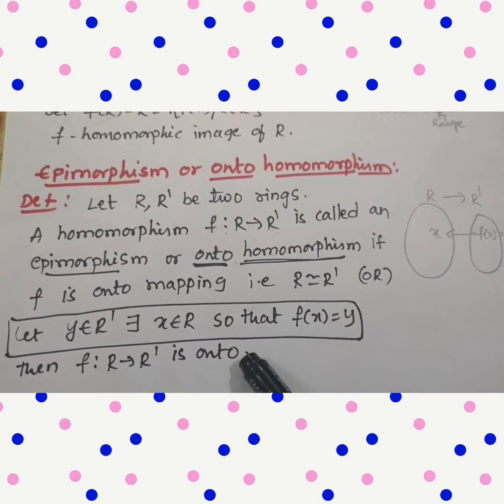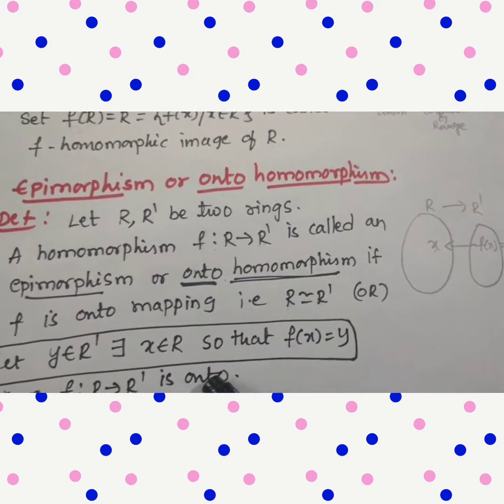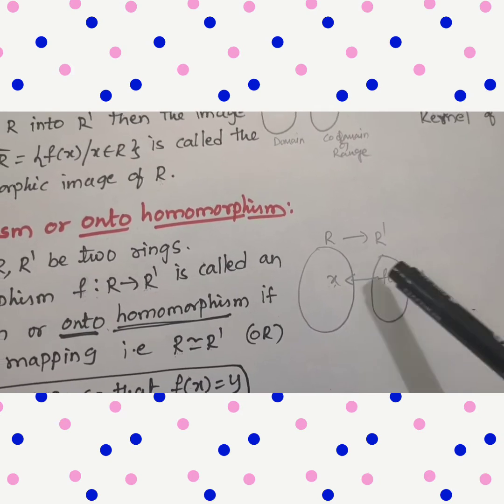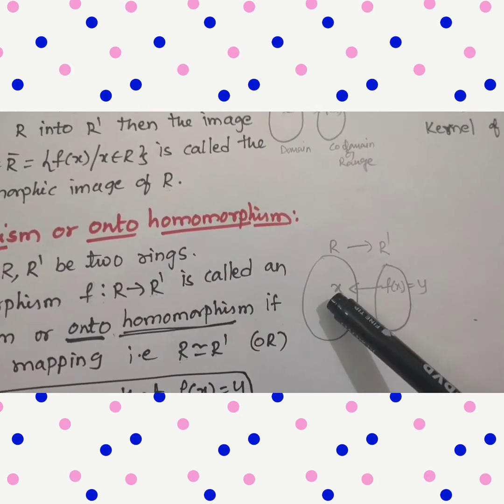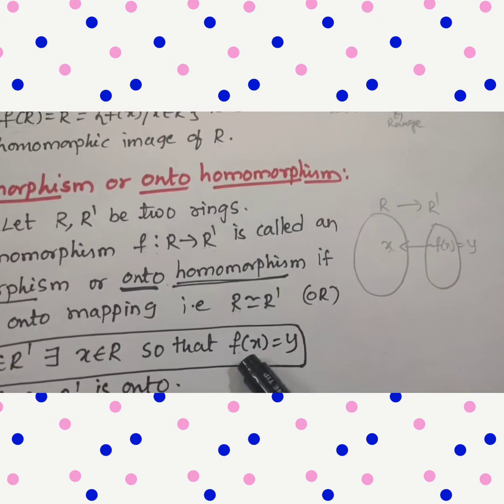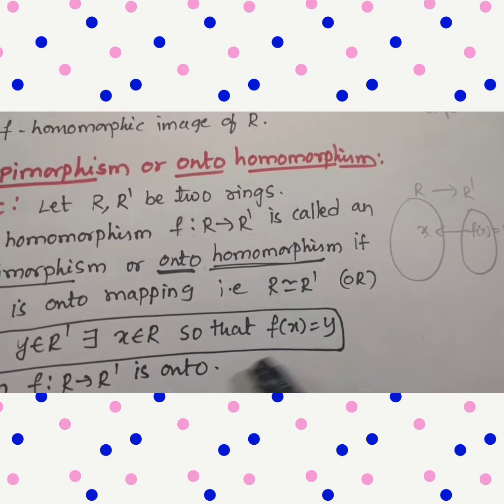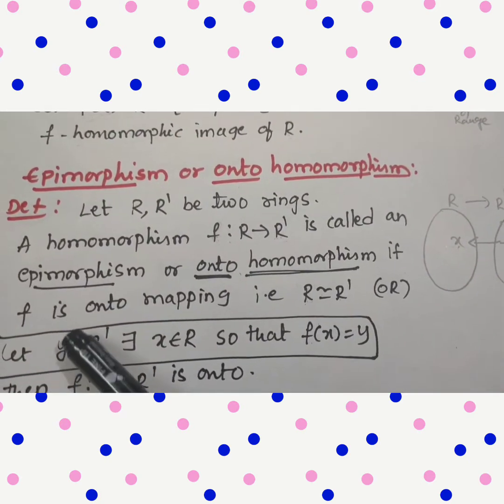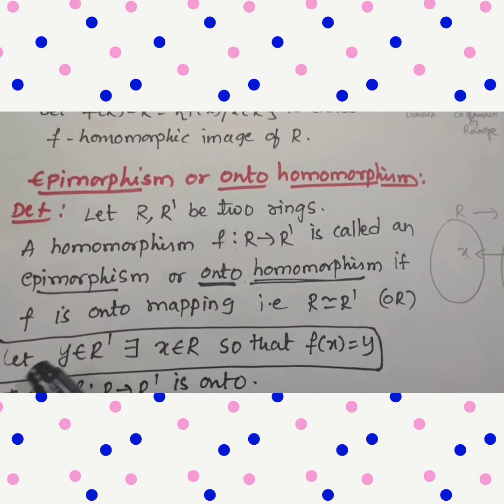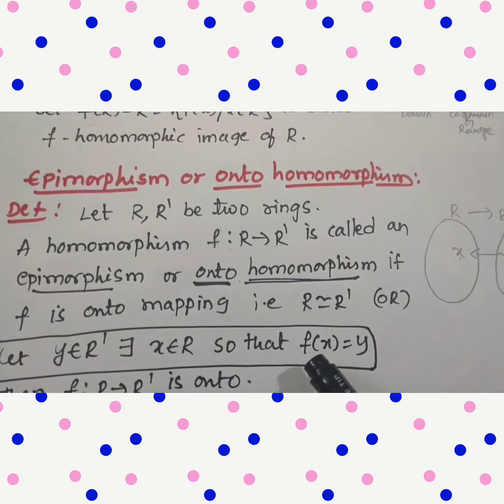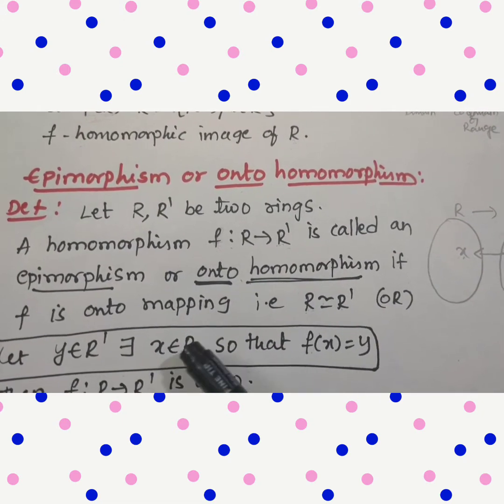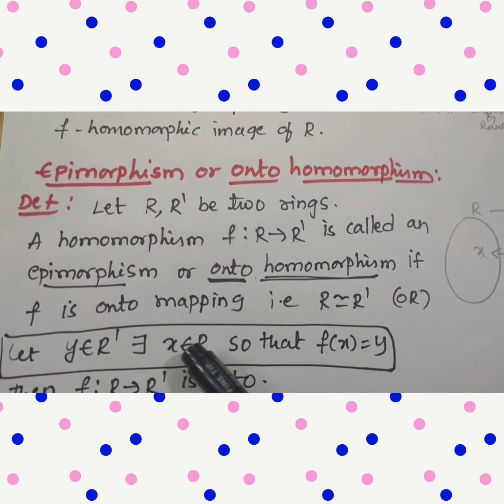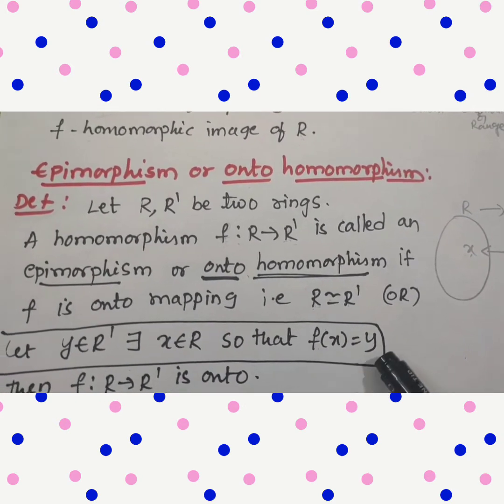Onto homomorphism means that for every element in the codomain there must be a pre-image in the domain. What does it mean? f of x is equal to y where x belongs to R. For every element of R dash there must be an element in R such that f of x must equal y.